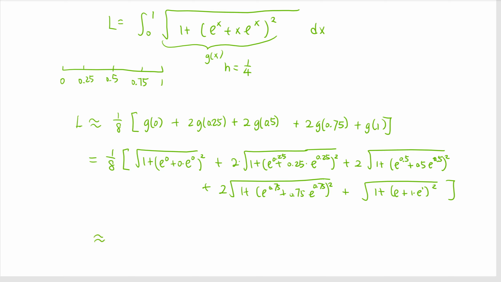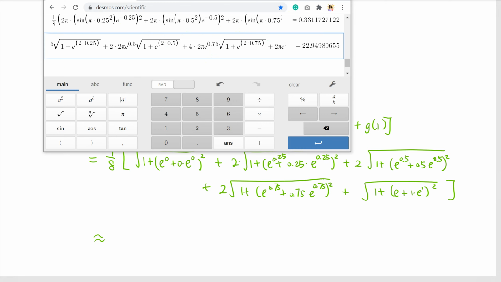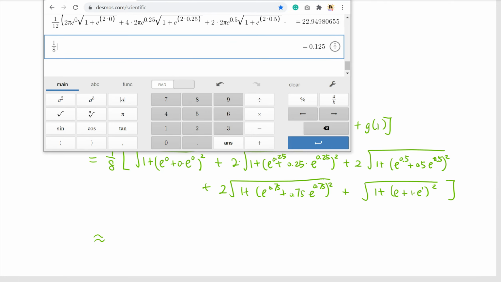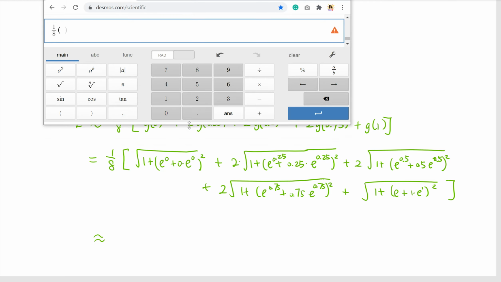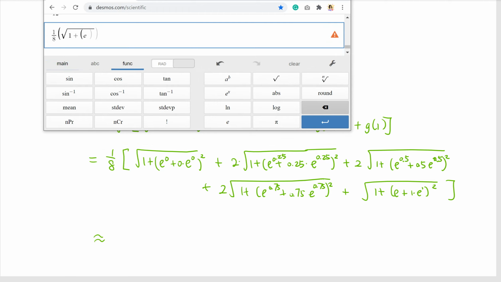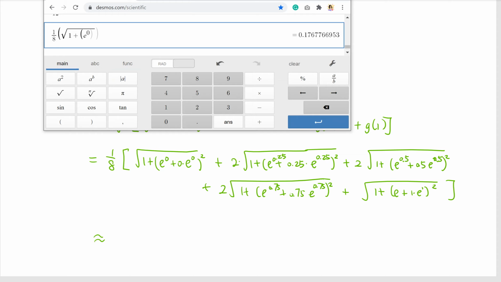Okay, so let's plug into our calculator. 1 over 8, and then we have the square root of 1 plus parentheses e to the 0. Even though I know e to the 0 is 1, I want to write down the whole thing, because later on I just change some number.